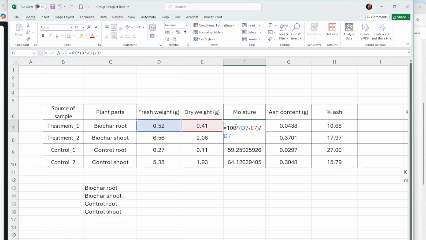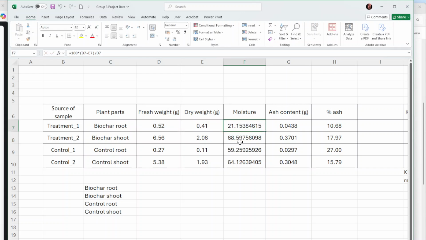Now with this, you can calculate the moisture. 100 times the difference between the fresh weight and dry weight. So the fresh weight, 0.52 minus the dry weight, divided, this is the amount of water, how much was lost during the drying. If you divide that by the original fresh weight, you will get the percentage of moisture.